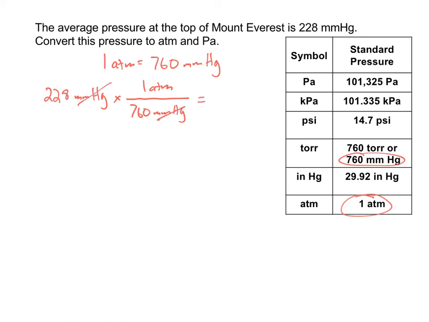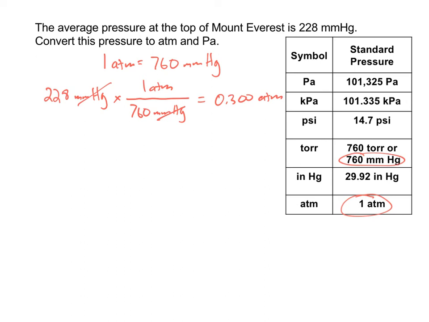And so when I do that math, I get 0.3 atmospheres. At sea level, the average atmospheric pressure is about 1 atmosphere, and at Mount Everest, you can see the pressure is about 1/3 of that. That's a result of the lower concentration of air molecules, which is why many climbers need to carry oxygen with them, because they can't get enough oxygen from the atmosphere to keep them alive.